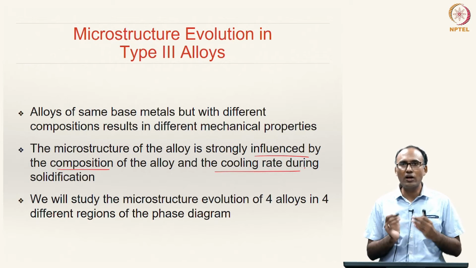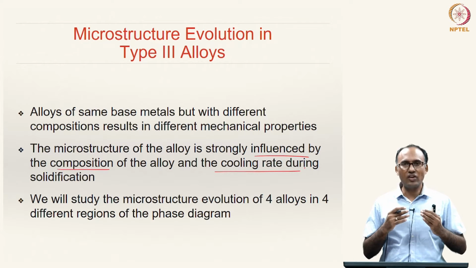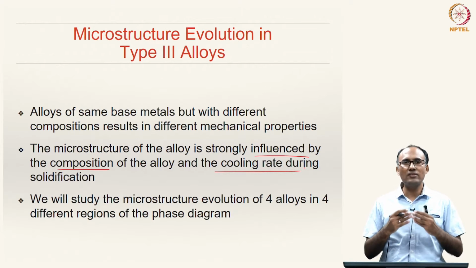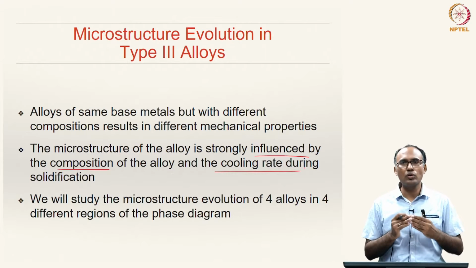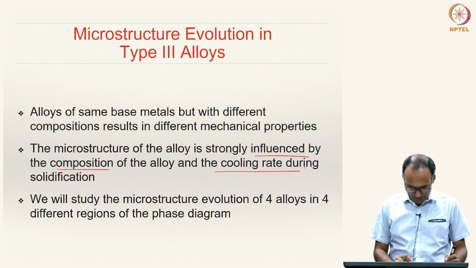However, in this module we are not looking at cooling rate, we are assuming that the cooling is done at a sufficiently small rate, which means equilibrium cooling is done. So, the effect of cooling rate will not be discussed in this module, it will be discussed at a later stage.